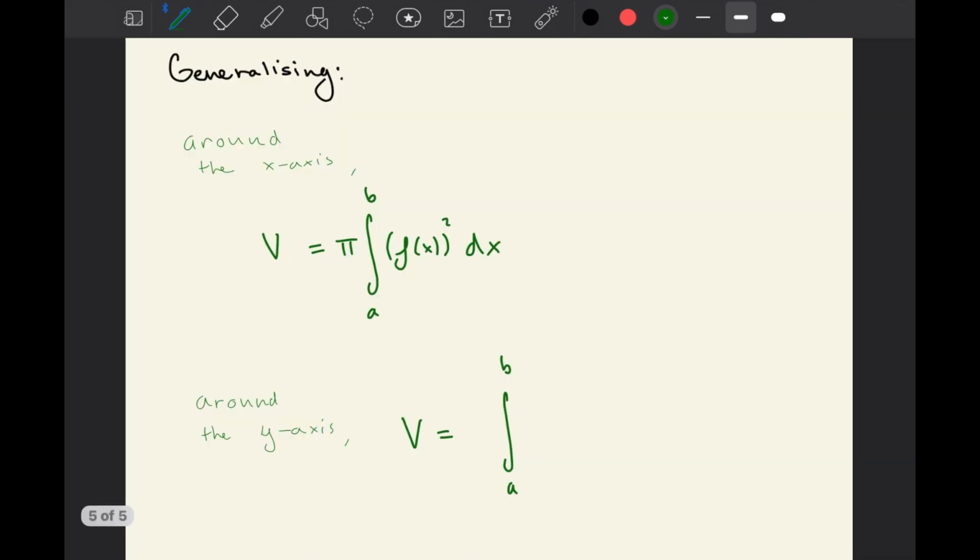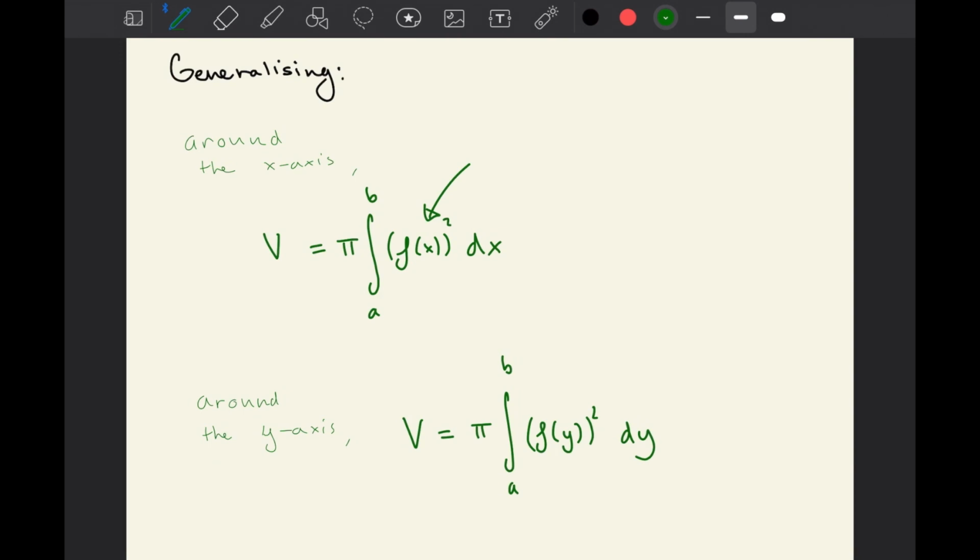So our volume is going to be, once again, pi r squared, where we take this pi out, and our radius is going to be f of y, dy. So here you can see that we're working with x's in terms of x's because the depth is dx, but here we're taking the same function but in terms of y because the depth is dy.